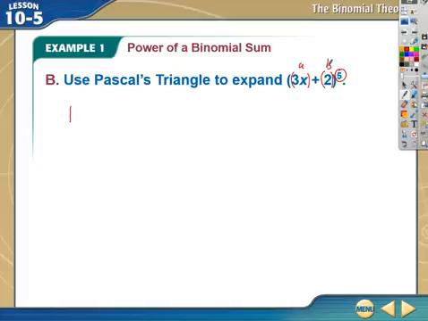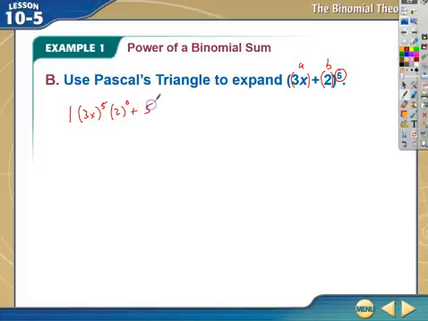So, instead of writing a to the 5th power, I write 3x to the 5th. Instead of b to the 0, I now have 2 to the 0.